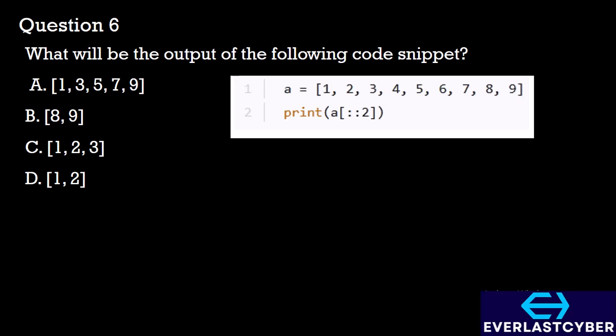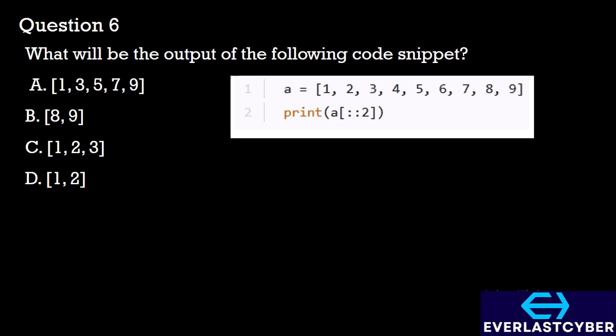Question 6. What will be the output of the following code snippets? So let's take a good look at the code we have on the screen. In Python, a[::2] is called slice notation. It is used to extract elements from a sequence like a string, a list, or a tuple based on a specific pattern.